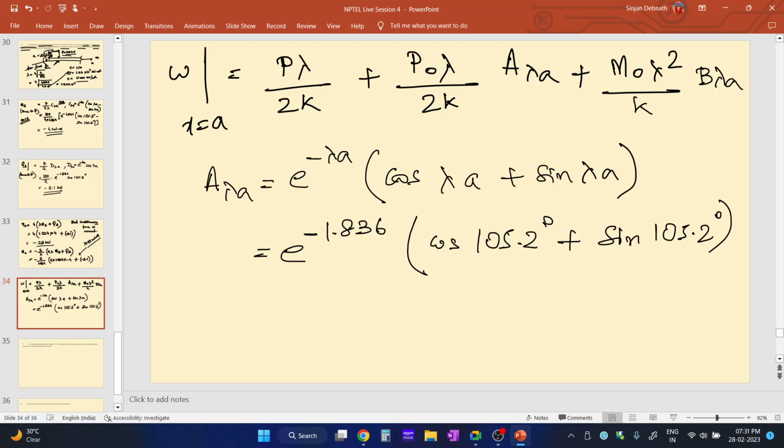If you solve this, you will get A lambda A is equal to 0.112.